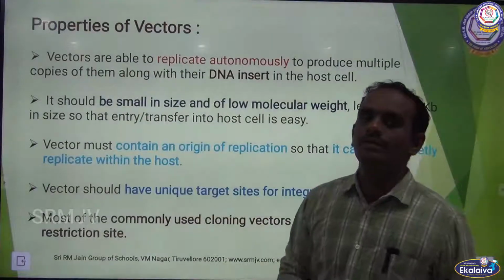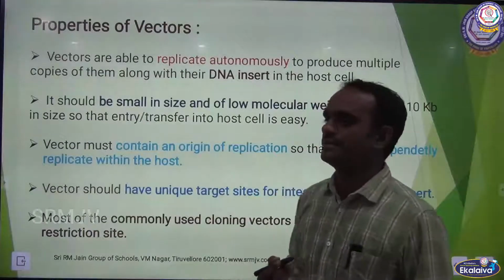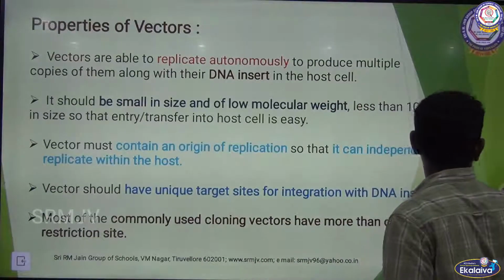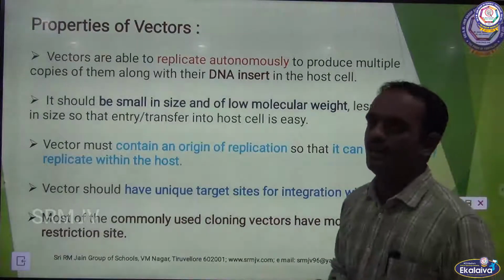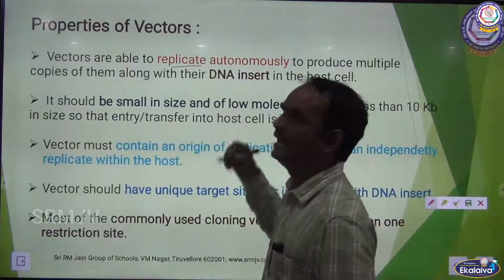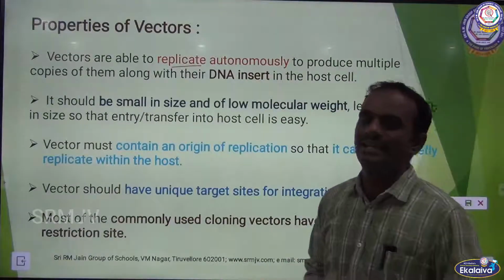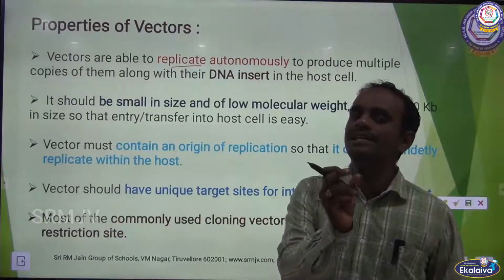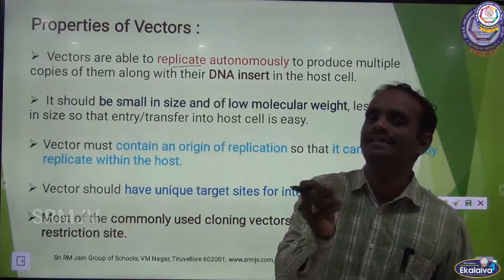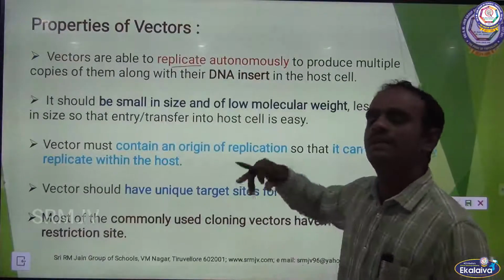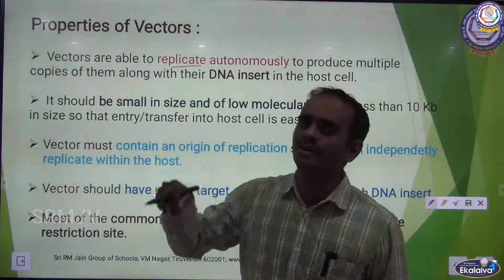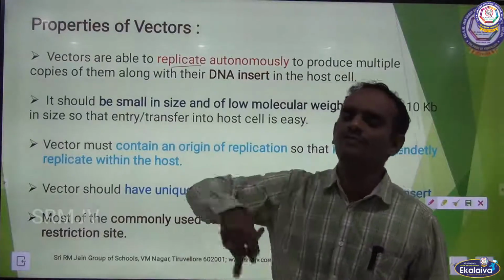Now we will see the properties of vectors. Vectors are able to replicate autonomously. As I said, a vector is a small DNA segment. Once it is said to be DNA, it has the very important property of DNA, self-replication.